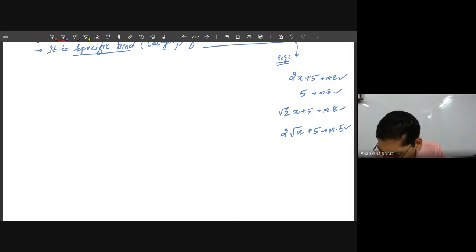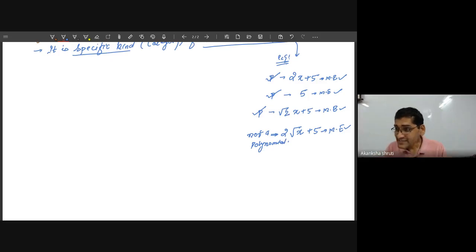But if we take this one, this can be a polynomial. It is a polynomial. It is also a polynomial. This is also considered a polynomial. But if I consider this one, it is not a polynomial. So what makes the difference?